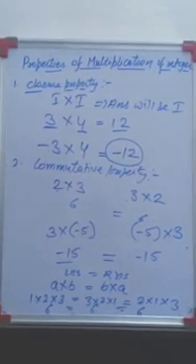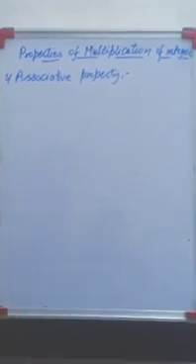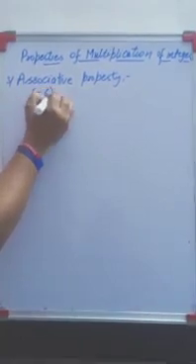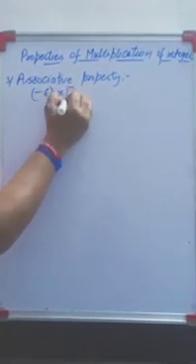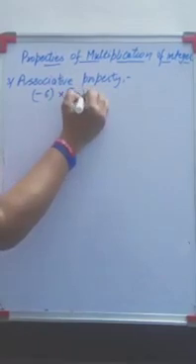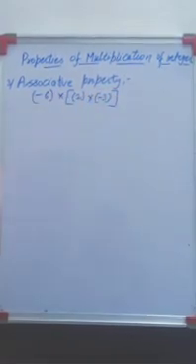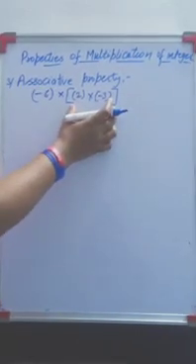Next is the associative property. Whenever we deal with the associative property, we talk about grouping. Let us take an example. Minus 6 into bracket 2 multiplied by minus 3 bracket close. The first grouping is done here.